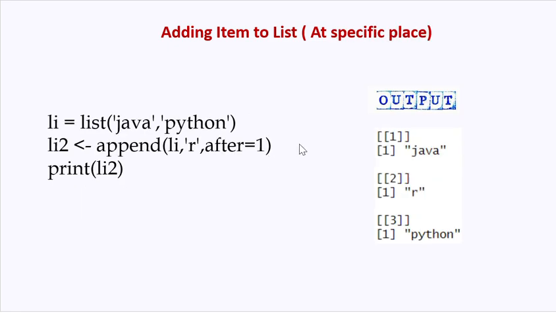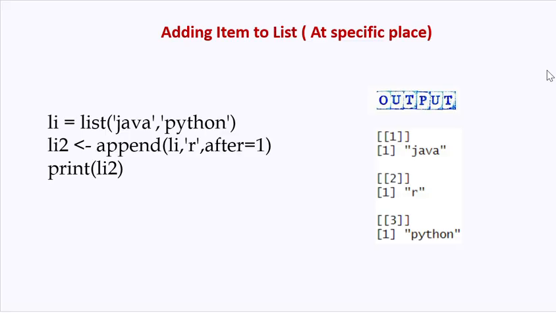This is another case where you can add the elements into the list at the specific place where we want. For this, what we can do is, like the earlier example, you create a list and mention what you want to add, again with the same append function, but in addition, we can mention the position where we want.